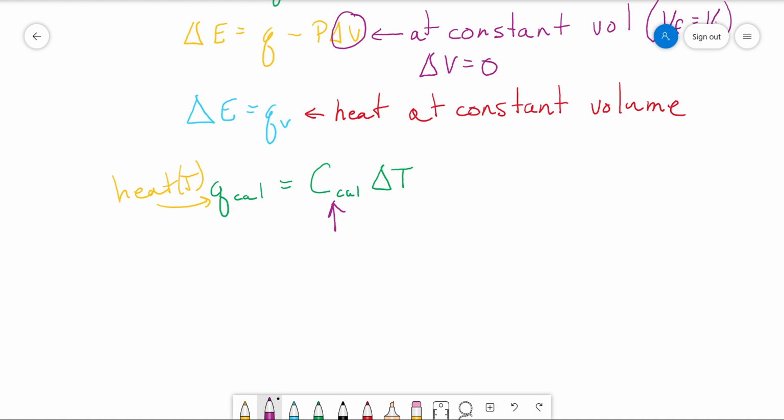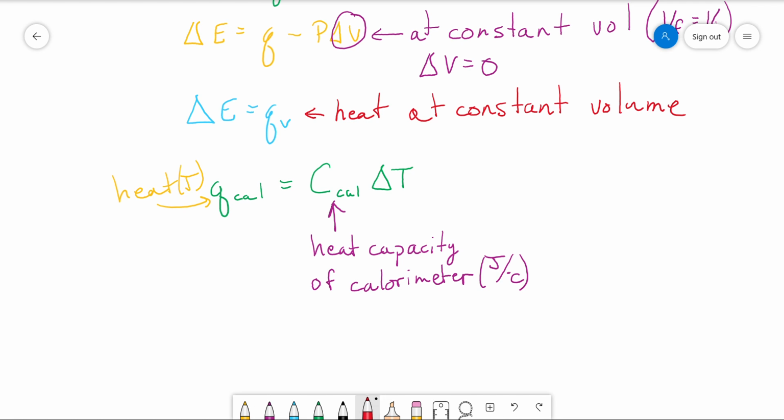C, that's the heat capacity of the calorimeter, in joules per degree Celsius. And then delta T, that's the same thing as always, T final minus T initial, with units of degrees Celsius.